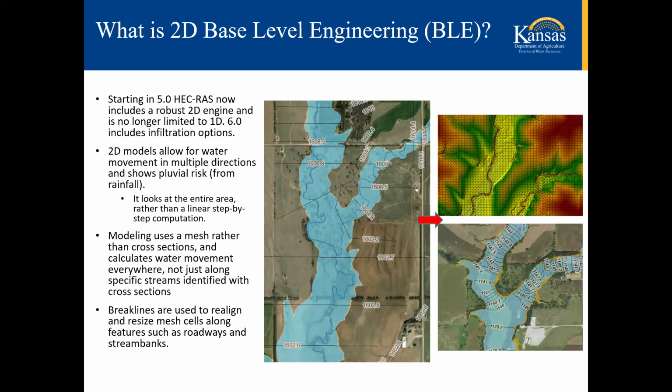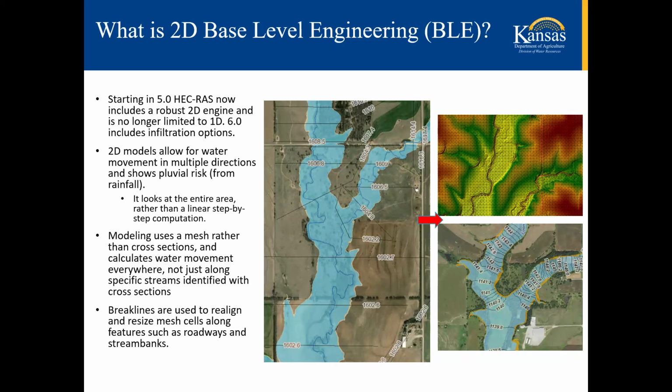And so the HEC-RAS includes a robust 2D engine and is no longer limited to the 1D 6.0 infiltration options. So this allows for water movement in multiple directions and shows pluvial risk from rainfall. It looks at the entire area rather than a linear step-by-step computation.